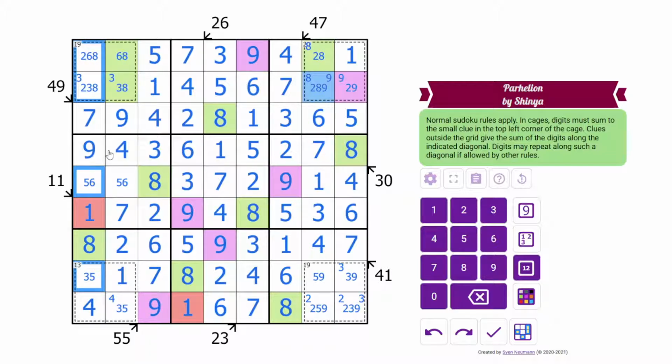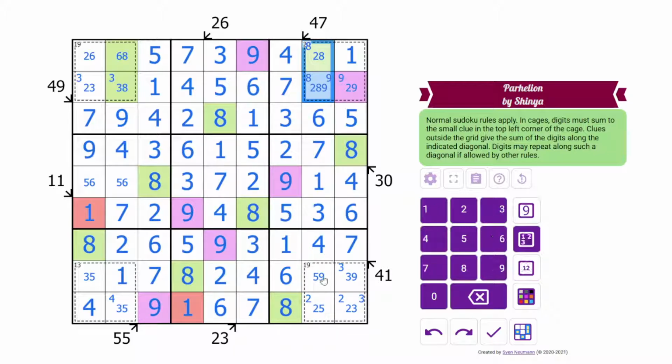2, 3, 6, 5, 8. Okay, so this can't be an 8 either. I'd be missing numbers left and right. That can't be a 9. So let's say that's a 5 then.